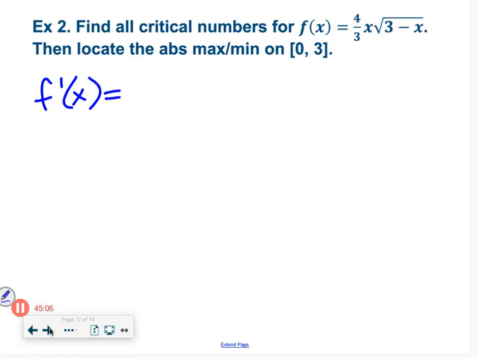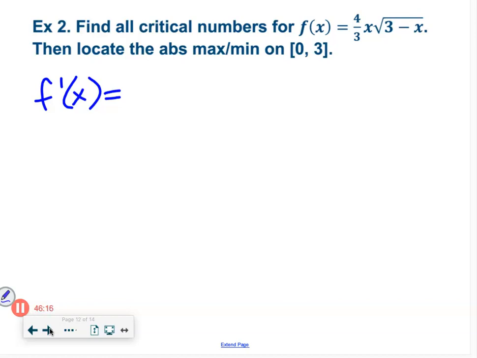All right, I give you 20 seconds to write the derivative of the first line of the derivative of this function. All right.